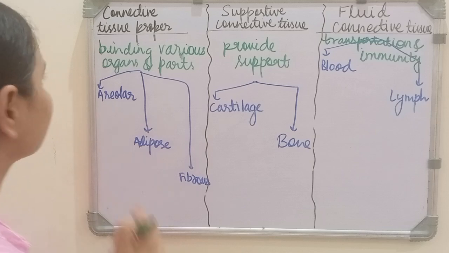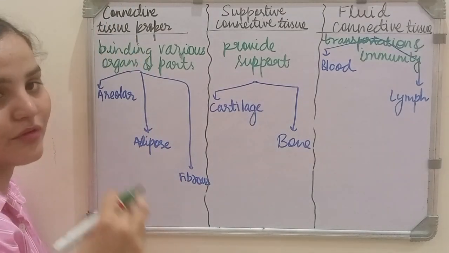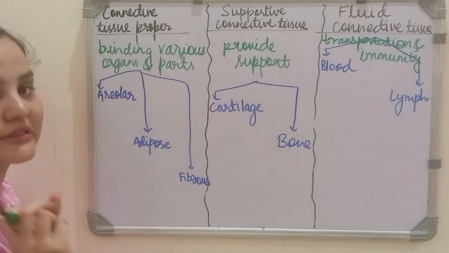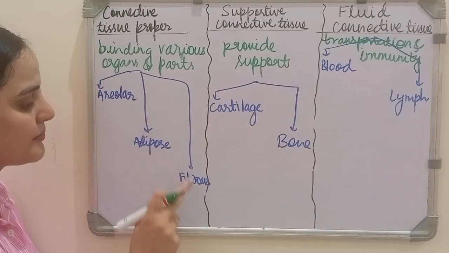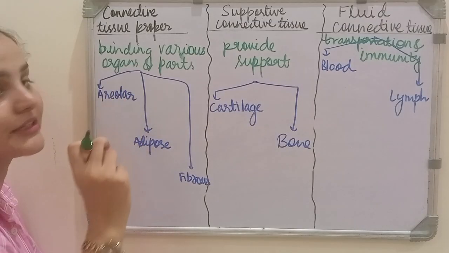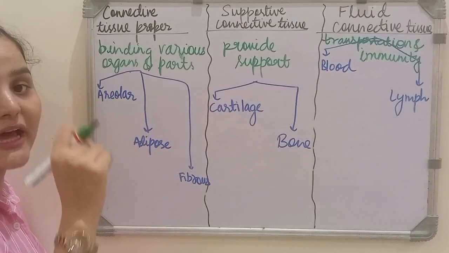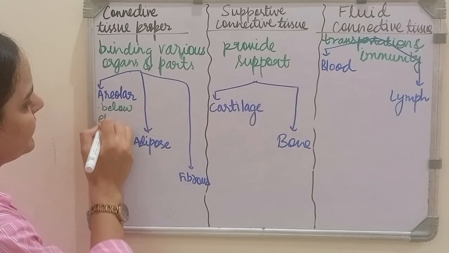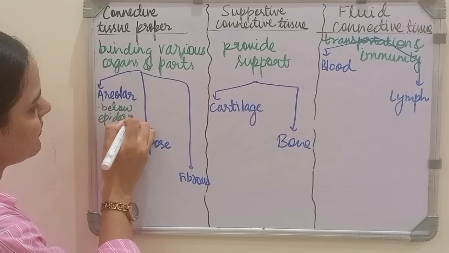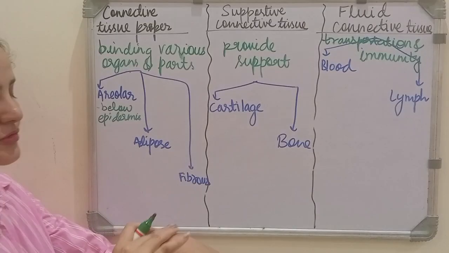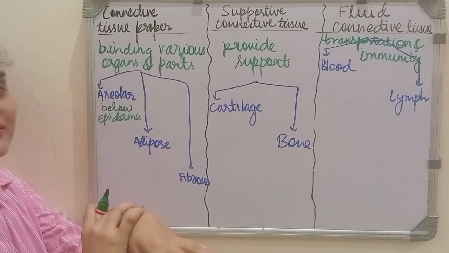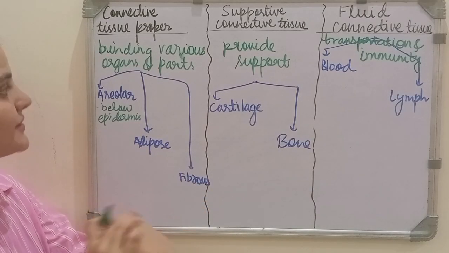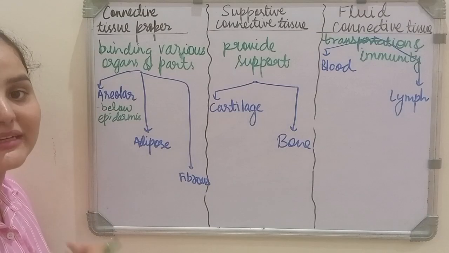Connective tissue proper is further divided into three types: areolar, adipose and fibrous. Areolar tissue is found below the epidermis. Suppose the outermost layer of the skin is epidermis; below that epidermis, areolar connective tissue is present.